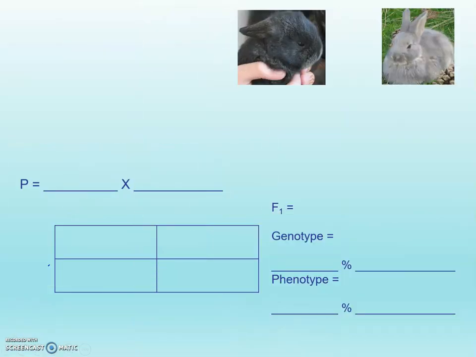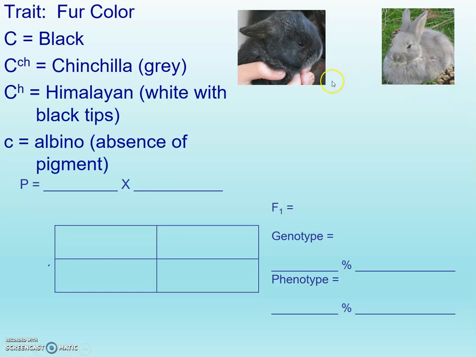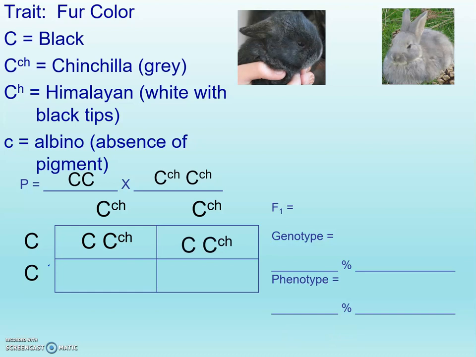So what we're going to do is work a little cross here with some bunnies, and we're going to take a black bunny and cross it with the chinchilla and see what we get. So here's our key, fur color, and then I've listed there all the different possible alleles that we could use. Doesn't matter where you put them. You all know how to work out Punnett squares. So box 1, C C^ch, and so on for boxes 2, 3, and 4.